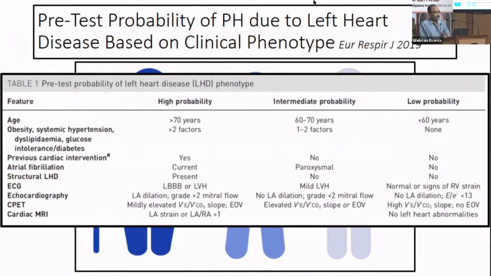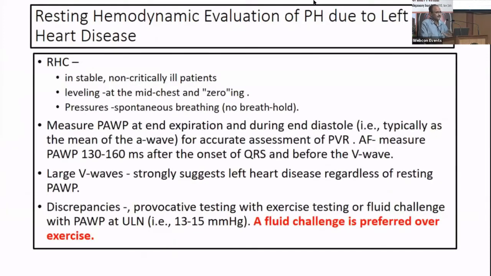Those who have low probability are kept on the other side. It is the intermediate type in whom it is really indicated to do right heart catheterization to confirm the diagnosis. Of course, the gold standard remains cardiac catheterization. Some other important things in the hemodynamic evaluation: you evaluate them in stable conditions.